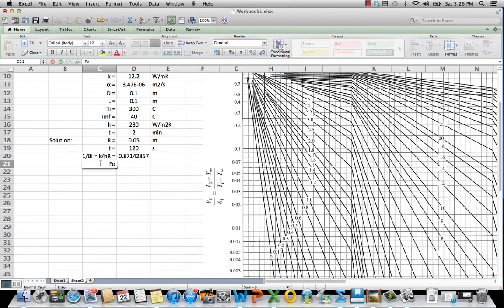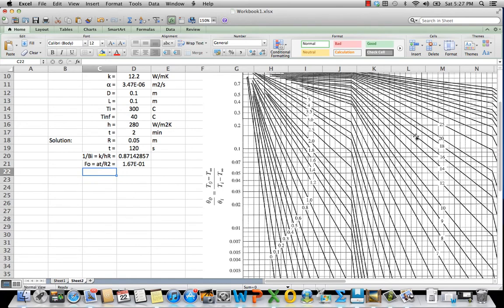And then I'm going to have the Fourier number, which is alpha t over R squared. So in this case, alpha, my time in seconds, over the radius squared, or divide by the radius twice. Okay, so I get that for my Fourier number.